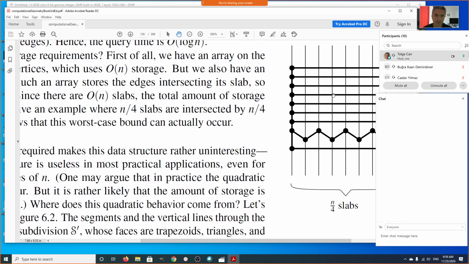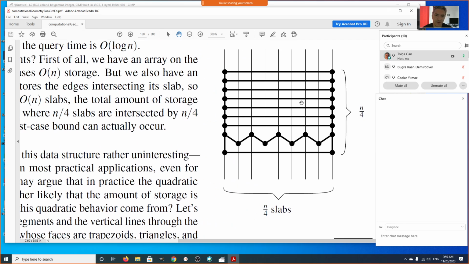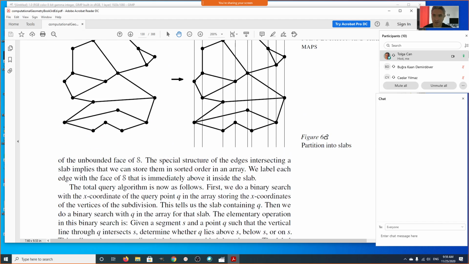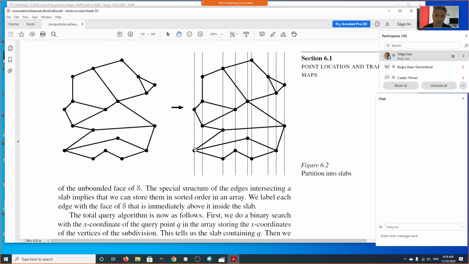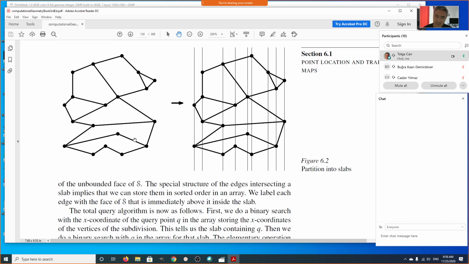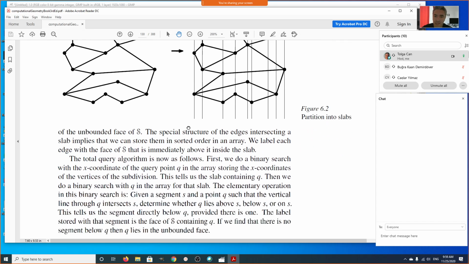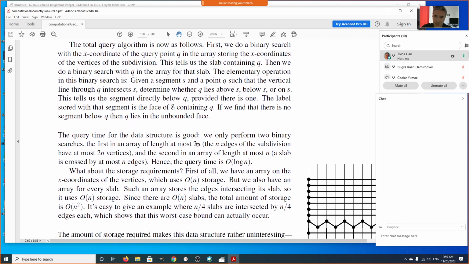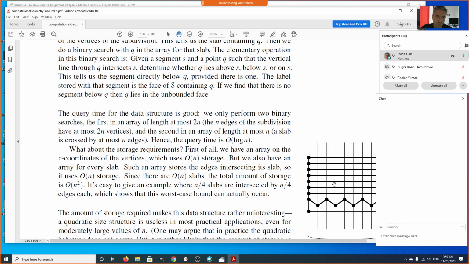But most of the time, the worst case probably would not be observed in a general subdivision like this. The worst case is still n squared, but the expected complexity is somewhere on the order of n times square root of n. But it's more than n log n, so we still need to improve on this.